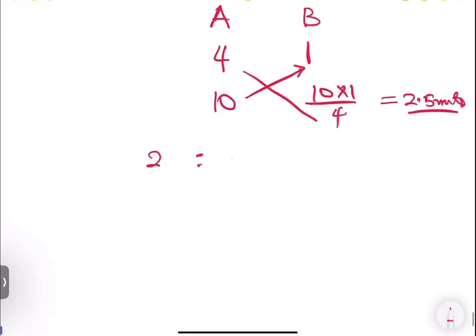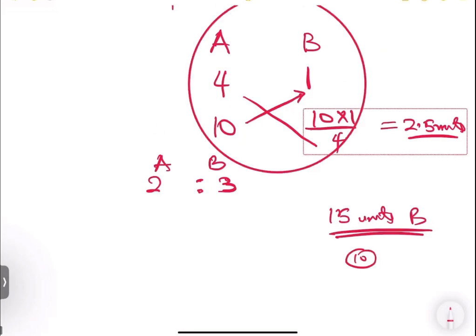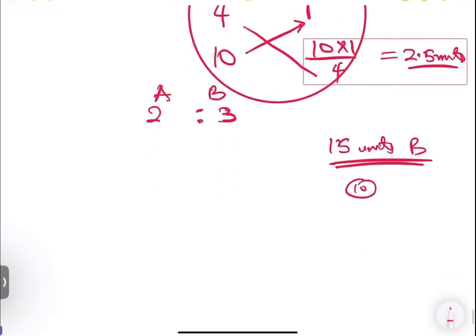Ratio 2 to 3 is the mix for A and B. So if you sell 15 units of B, how many units of A did you sell? So look at it. A is 2 and B is 3.